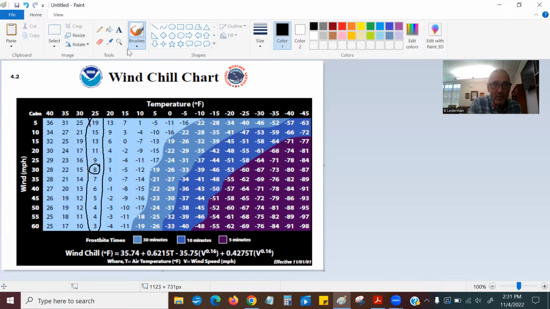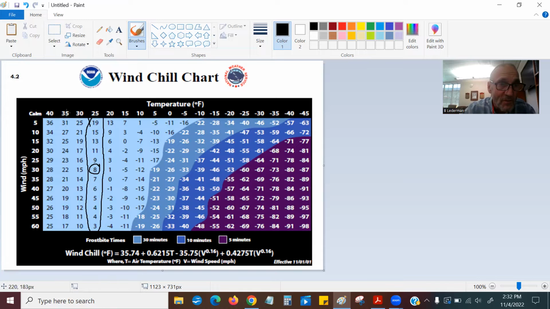If you notice what I'm doing here, how you feel is a function of two variables. It's a function of the temperature and it's a function of the wind velocity. So if it's 15 degrees temperature and it's a 15 mile an hour wind, it's going to feel like 0 degrees.